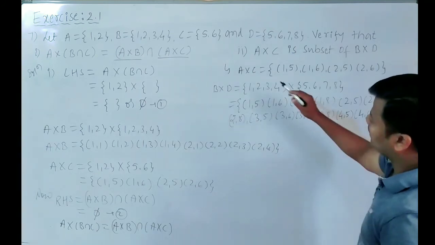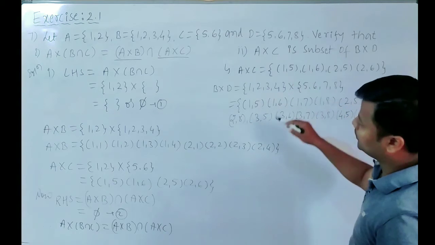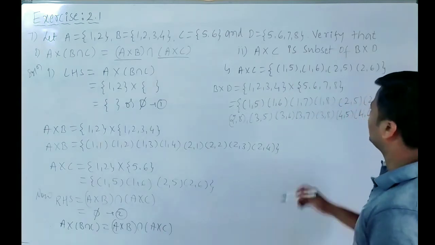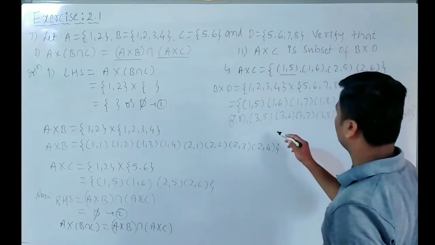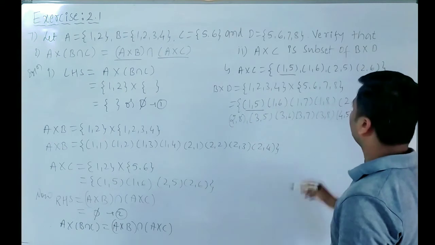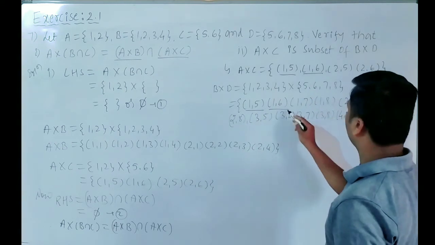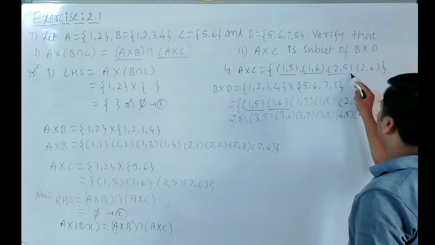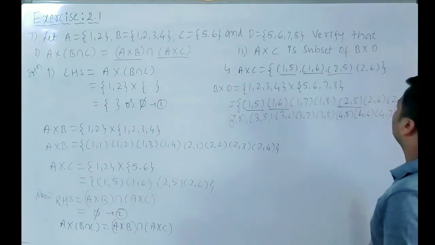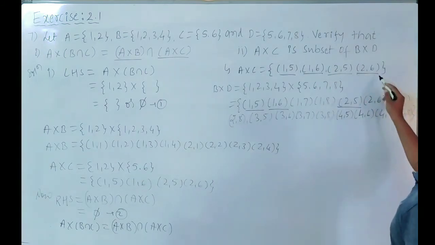Check whether all the elements in set A cross C are in set B cross D. 1, 5, is 1, 5 there? Yes. 1, 6, 1, 6. Next 2, 5, 2, 5. Next 2, 6, 2, 6.